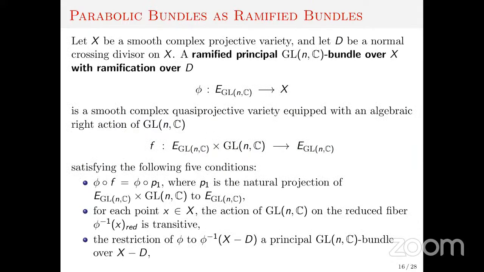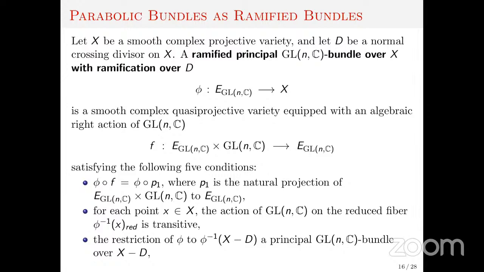Okay. So while defining the Seshadri constant for parabolic bundles, one of the difficulties is to define the projectivization of the parabolic bundle. And this is done by again identifying parabolic bundles with ramified bundles.